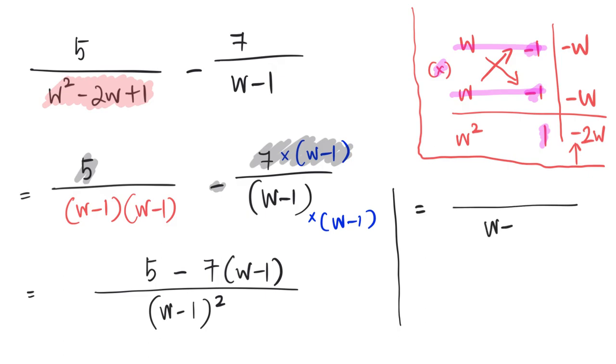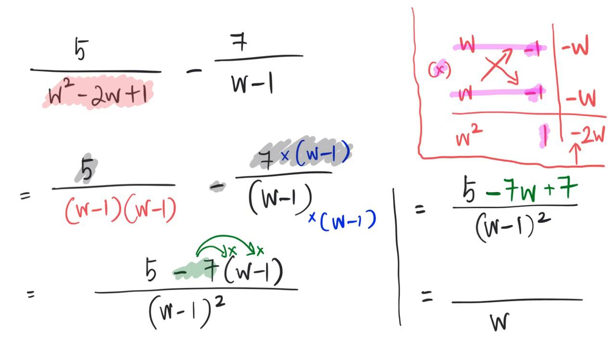Still over W minus 1 square. 5 minus, this will be negative 7 multiplied by W, negative 7W. Negative 7 multiplied by negative 1, positive 7. So final answer, negative 7W. From here, 5 plus 7 will be positive 12.